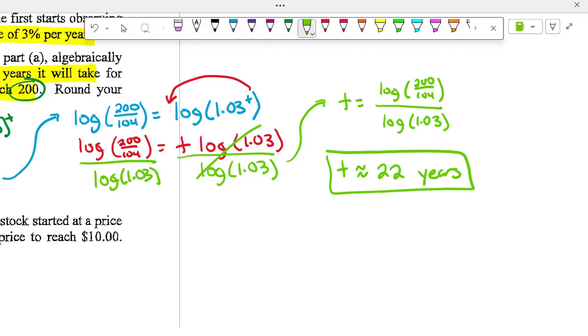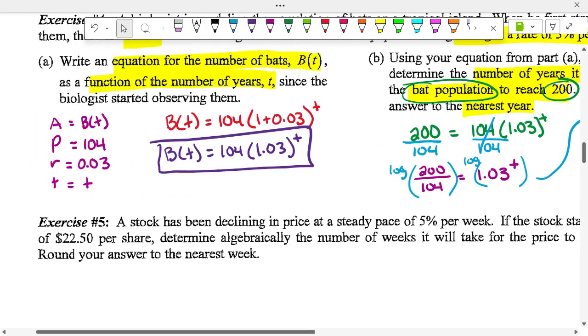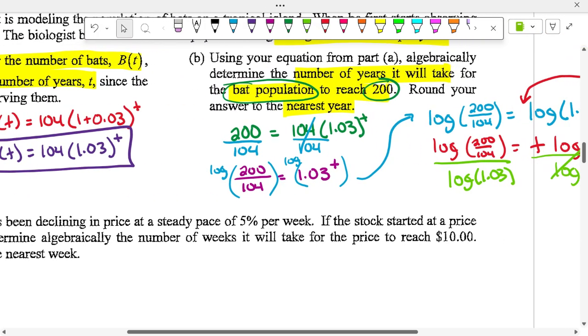Desmos. I let you use Desmos on every last one of your tests. If you don't remember how to do this, if you can get to the green equation, all you do is just set the left side equal to y and the right side equal to y, find the point of intersection, and use the x value, just like we did when we were doing absolute value equations.